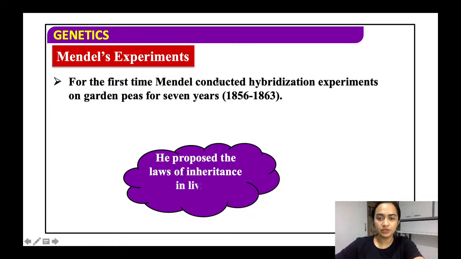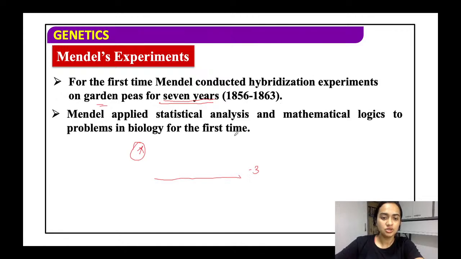So, for the first time, Mendel conducted hybridization experiments on garden peas for 7 years. All right, he studied the garden pea for 7 years, and he proposed the laws of inheritance. Again, very important: we have three laws in this. Fine. So, Mendel applied statistical analysis and mathematical logic to the problems in biology for the first time.